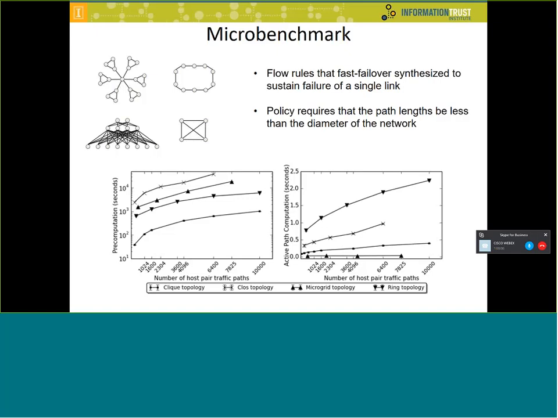On the x-axis on both of these plots, you have the number of host pairs in a given topology, and on the y-axis, how much time it took to perform a certain computation. We're plotting numbers for pre-computation, and for when we make a little change. The change here is that we fail a link, and ask it to recompute the effect of the failure of any given link.